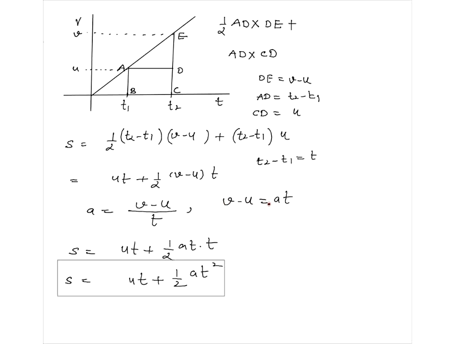And when we say V minus u is at, V equal to u plus at is also a standard result for uniformly accelerated motion, which is what we are discussing right now. V equal to u plus at, S equal to ut plus half at square. Any questions? Let me know.